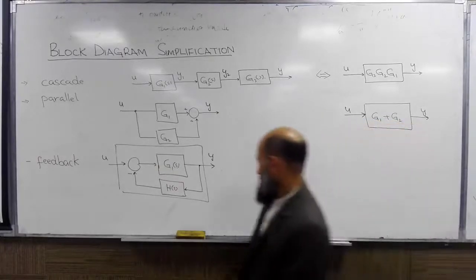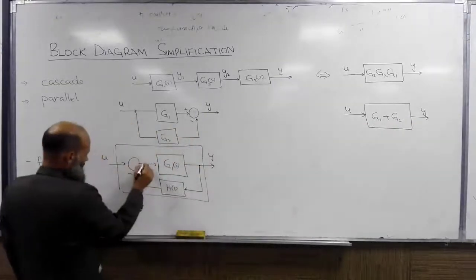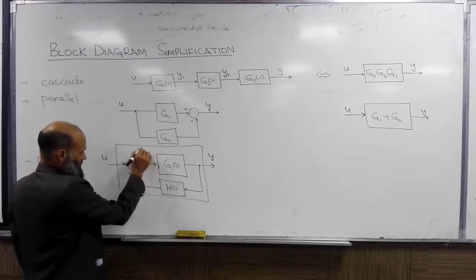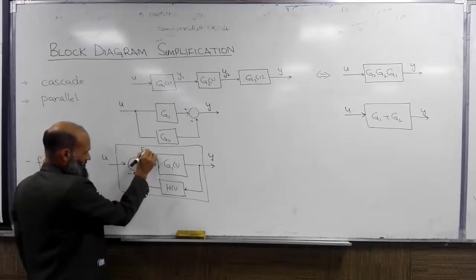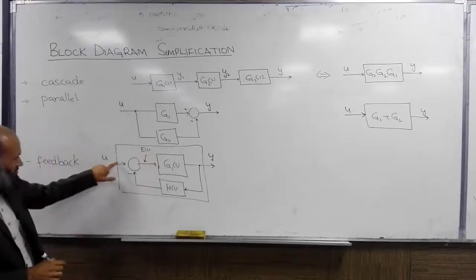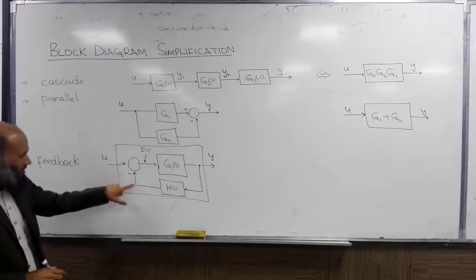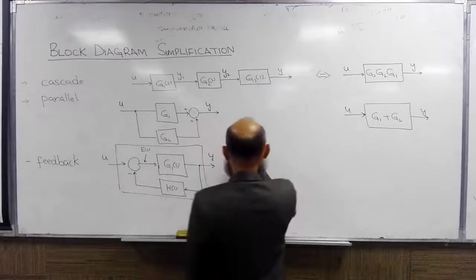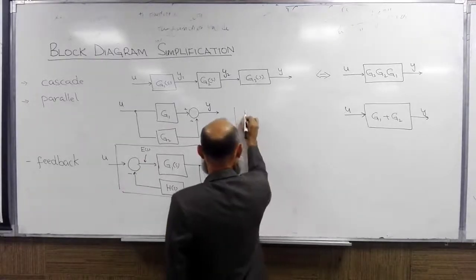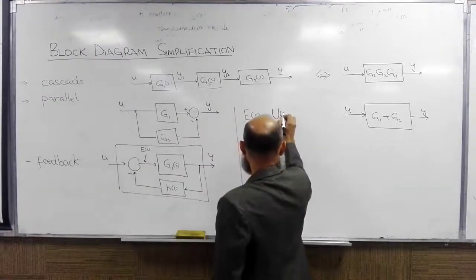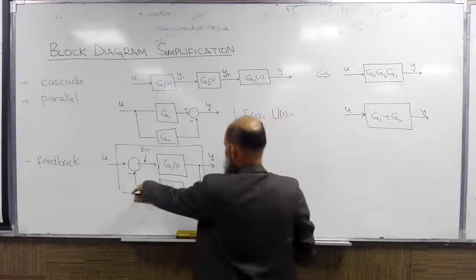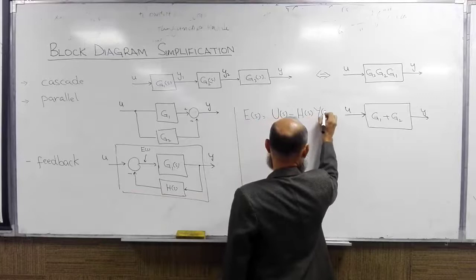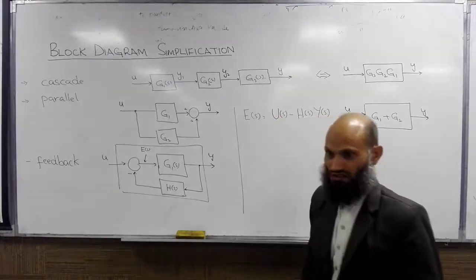For that purpose, we just define this signal as the error signal. So E of S is the difference between this signal and this signal. And you can see that E of S is U of S minus H of S into Y of S, right?